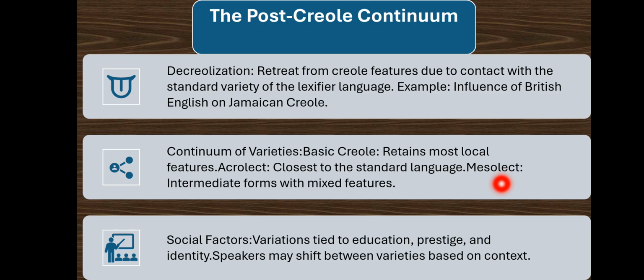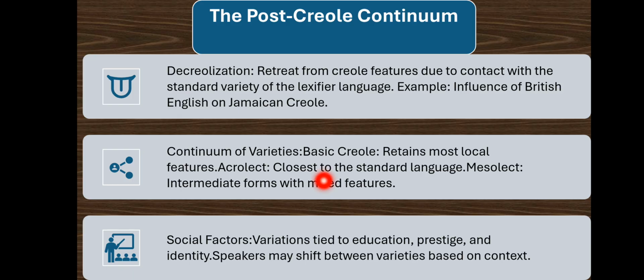When the Creole becomes closer to the standard language, it is known as mesolect. So acrolect is when the Creole language has a local touch. This is basic Creole.